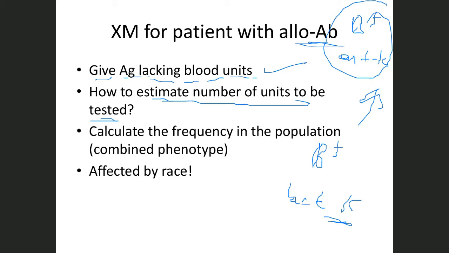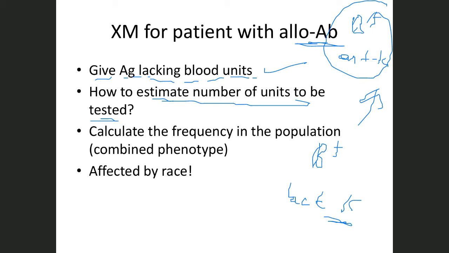Very important point to know. Can you remember when we said that we just take a segment from the donor and don't open the whole unit? So when we do cross matching, we take a segment and return the unit to the refrigerator. We don't keep it on the bench.